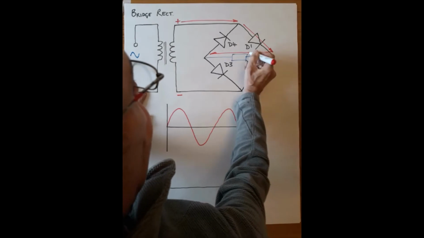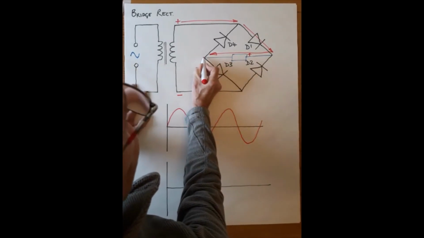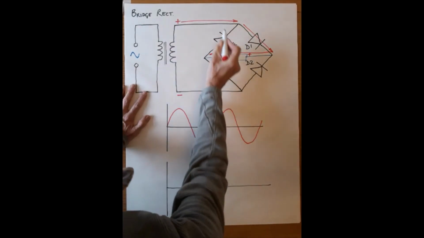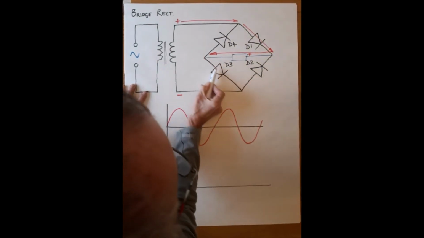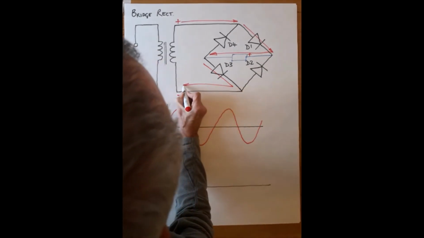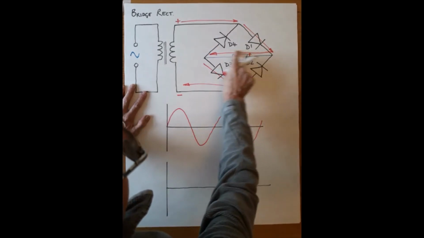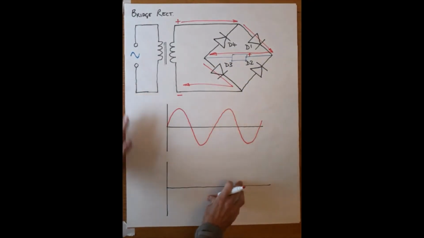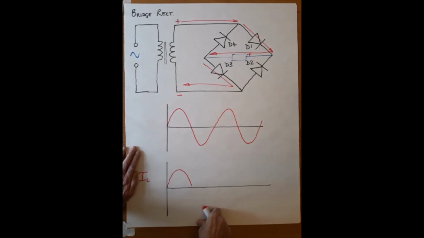So if it's going in there, that makes this end of the load plus. At this point, it doesn't want to go positive to positive. The current wants to go positive to negative, so it's not going to come down here. It's going to go down here and back along here. So that is the first half cycle of the supply. It's going to go through that route. So the current that is delivered to the load now looks like this. That is the same shape as that.